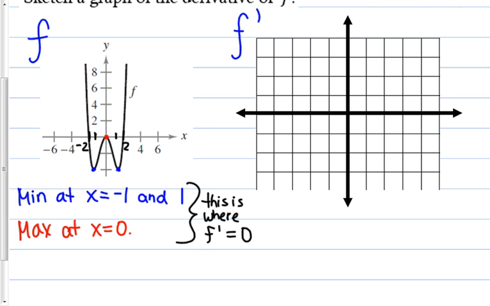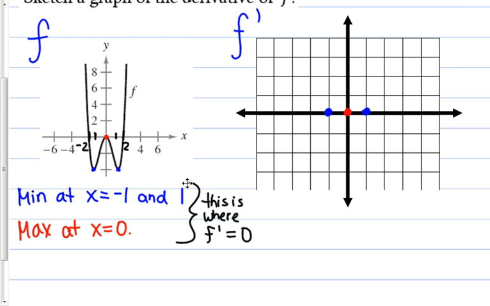This is where my slopes are going to be 0, so at these locations, my y values are all going to be 0. So I have 3 points: -1, 0, then +1, 0, and then 0, 0. So I just graphed those 3 right onto my derivative.